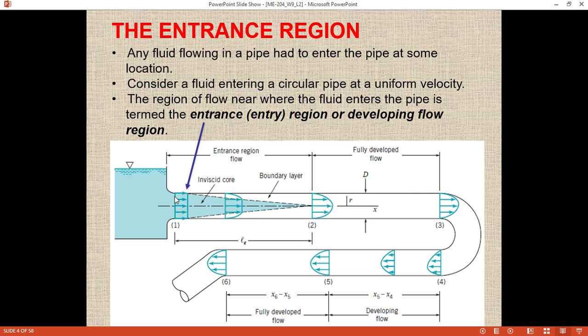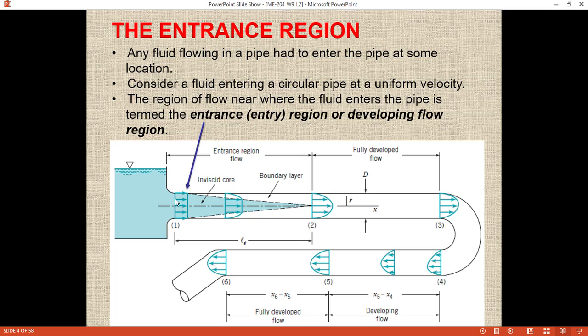Here you can see the velocity is uniform, so the velocity at every point is uniform. The region of flow near where the fluid enters the pipe is termed the entry region or developing region. At the entrance of the pipe the velocity of the fluid is uniform.